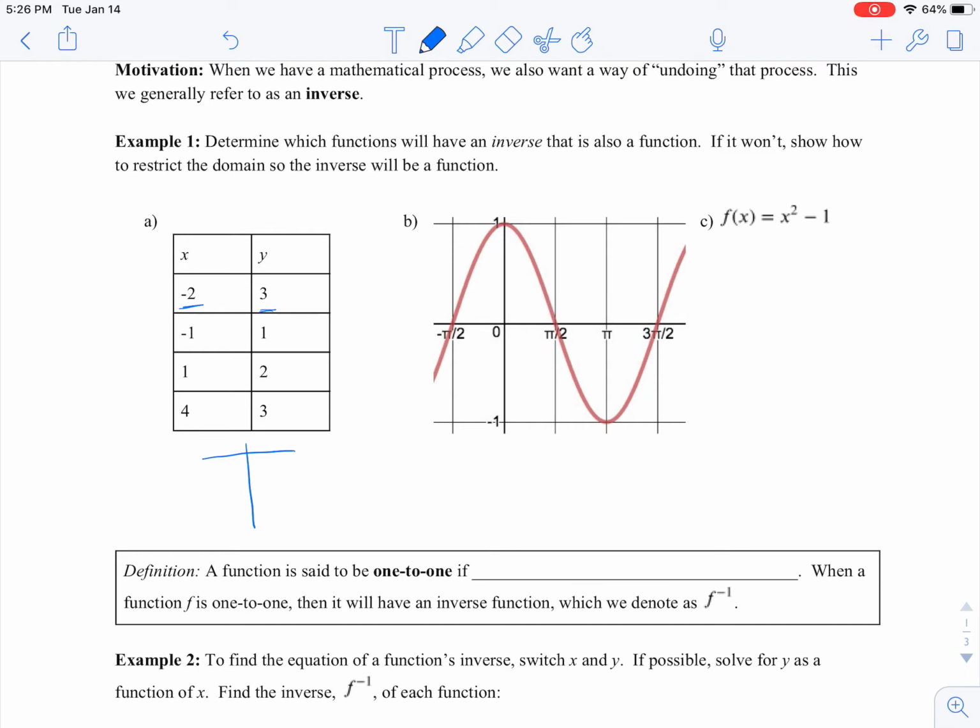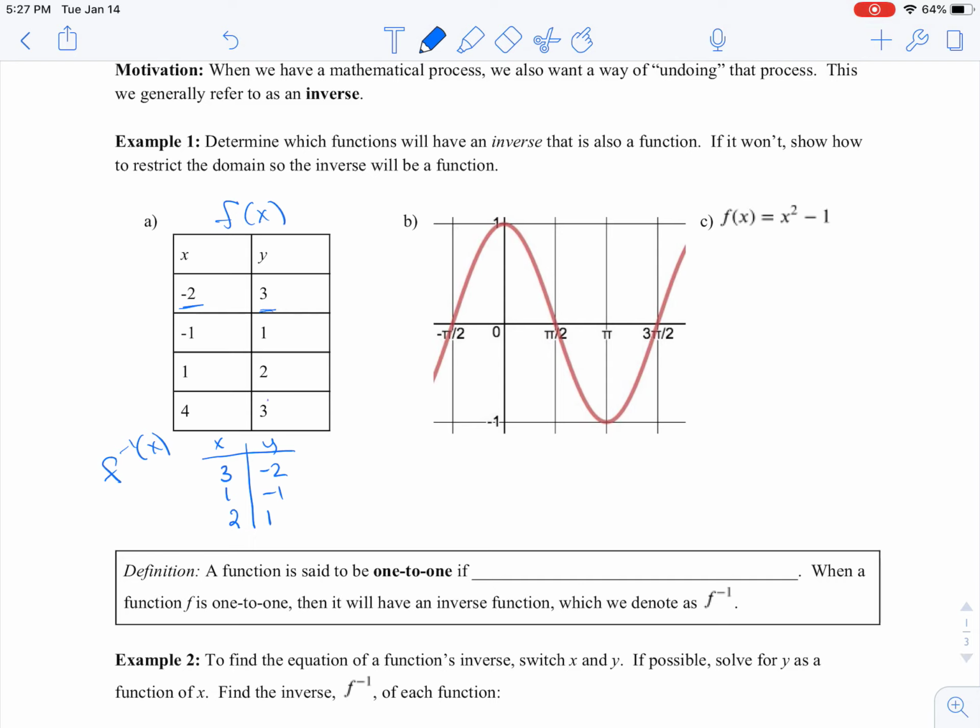So if we call this f of x, our inverse f inverse of x would want to put in 3 and get out -2. We'd want to put in 1 and get out -1, and put in 2 and get out 1.